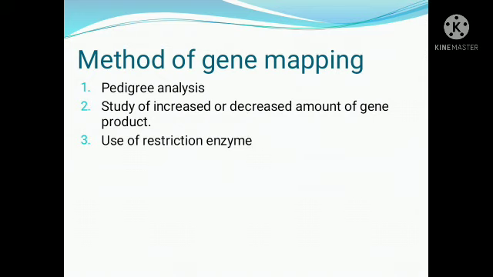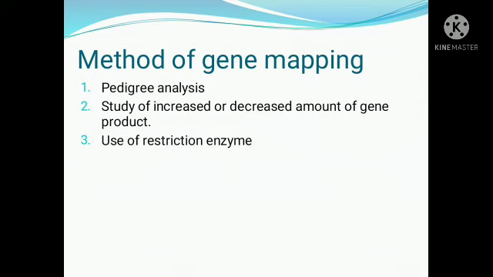Third one is the use of restriction enzymes. Restriction enzymes are actually enzymes. When they are put into DNA, they break the DNA into variable parts. Clear? So the sites are different for different enzymes. So restriction enzymes are helpful to cut the DNA.